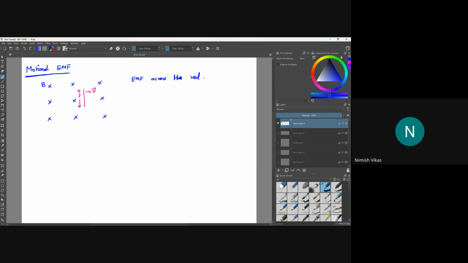To find this out, we take a small positive charge that is inside the rod. Since the rod is moving at velocity v bar, the positive charge is also moving at velocity v bar. Then I'll find out the force acting on that positive charge.